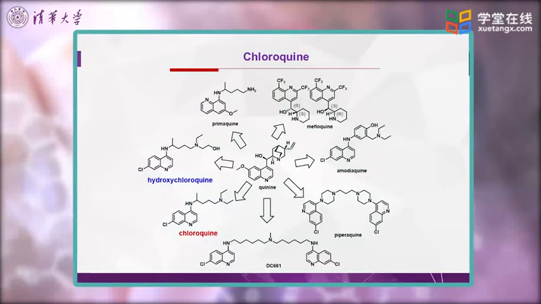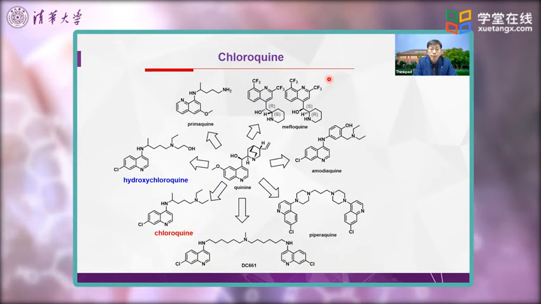The second drug I will mention here is named chloroquine. It's a very famous drug. Chloroquine and the related hydroxychloroquine, both of them were originally developed for treating malaria infection.